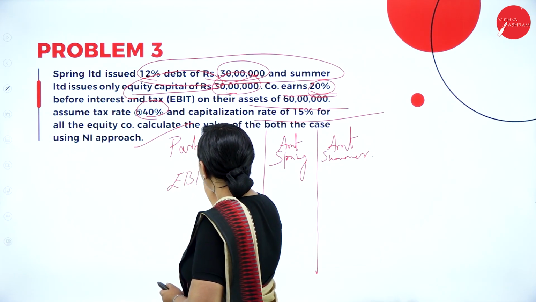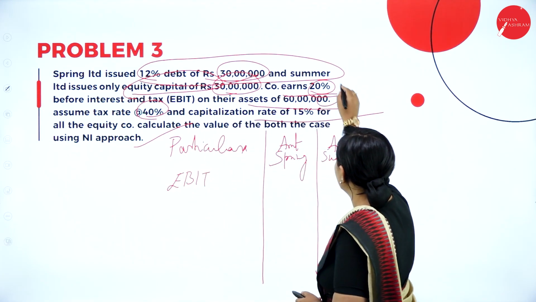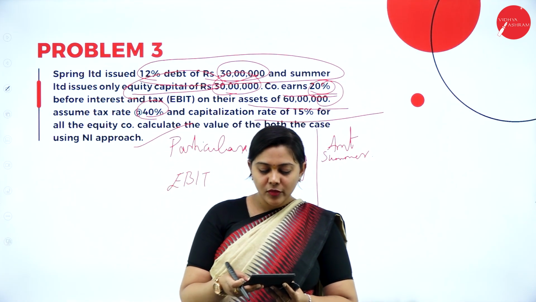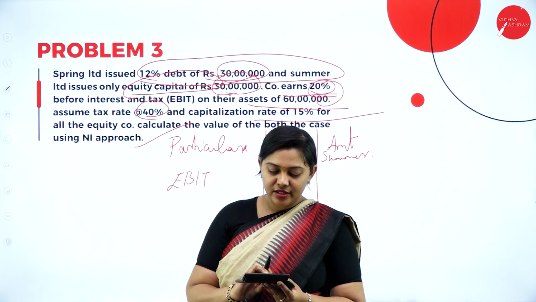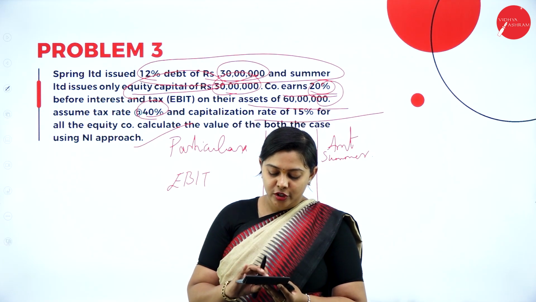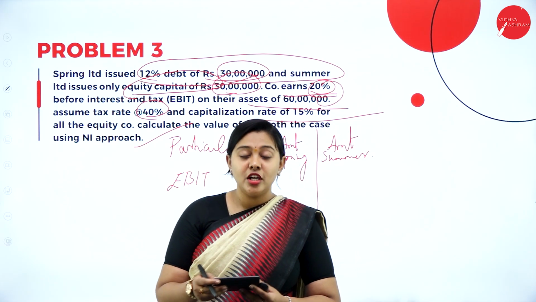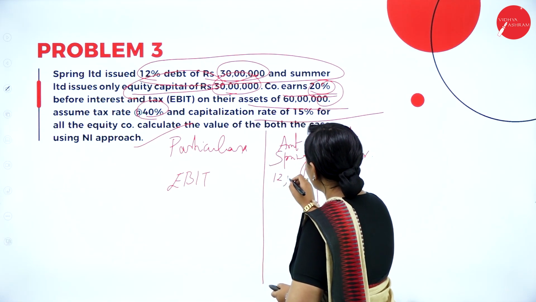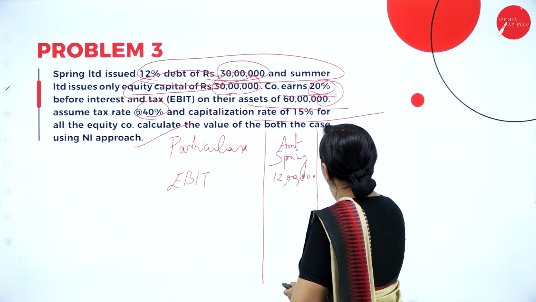So earnings before interest and tax, that is 60 lakh into 20%, it is 12 lakh. So 12 lakh is the earnings before interest and tax.